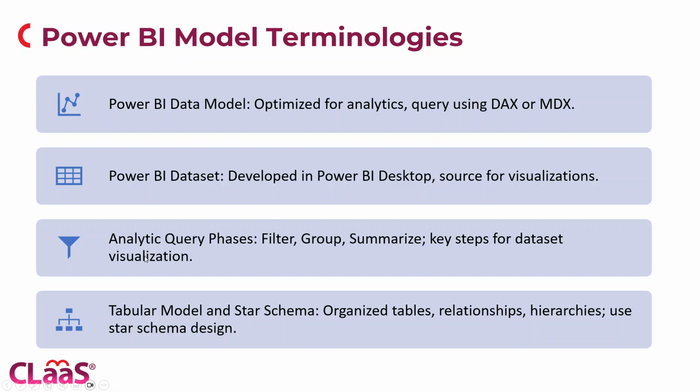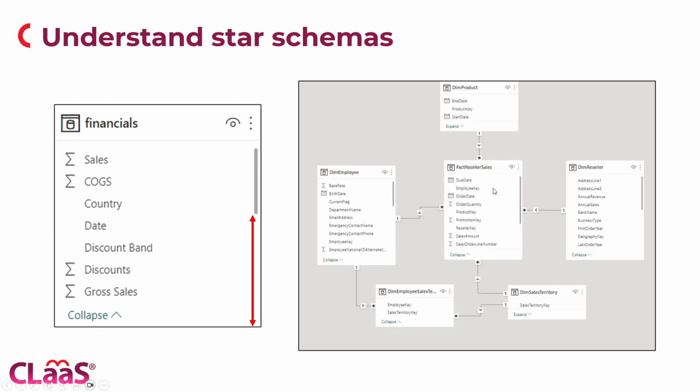Then analytic query pages: filter, group, summarize are key steps for dataset visualization. You can do that in Power Query. And then the tabular model and star schema basically organize the table relationship hierarchy using a star schema design. This one is the star schema.